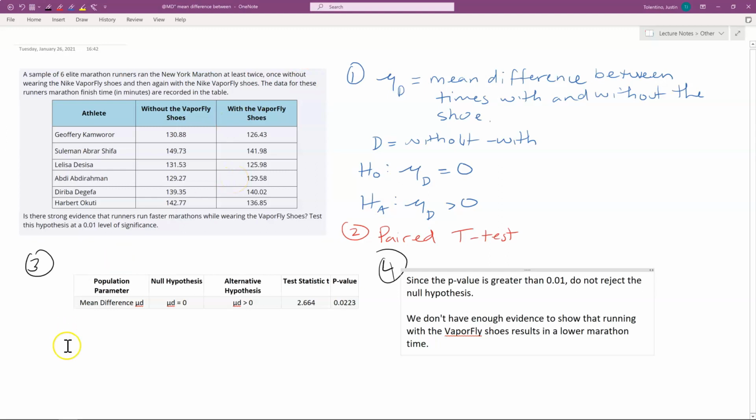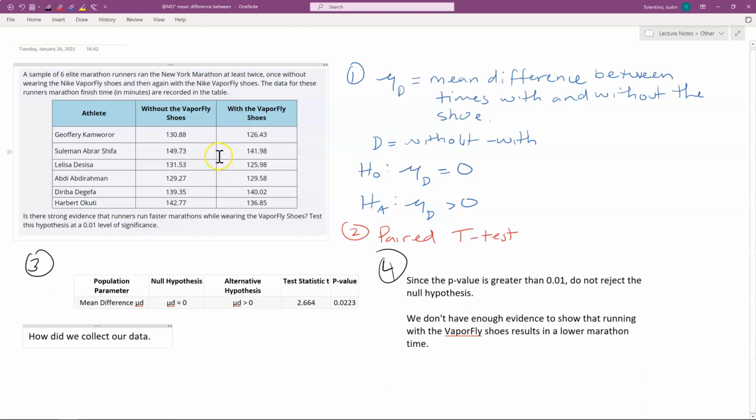While we're on this though, let's think about that last step, reflecting on our statistical practices, because there are a couple of things that come to mind straight away. One, how did we collect our data? This was just taken from their New York marathons. These were not some kind of randomized trial where we randomized which group they were in or which shoe they got to wear first during which race.